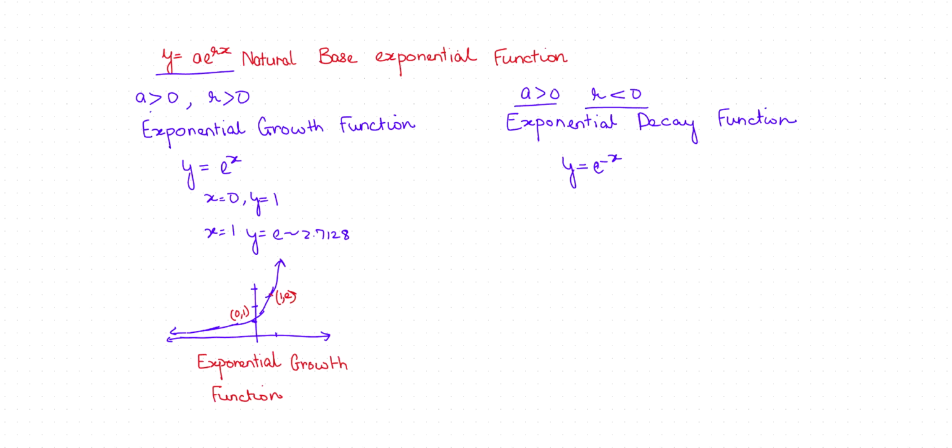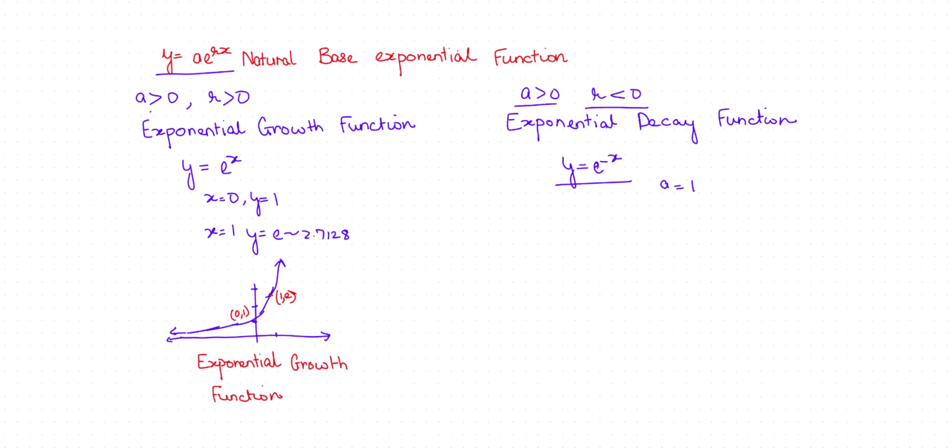As x increases, y will decrease. Suppose we put this function with a equal to 1 and r less than 0. For this function, we see that as x increases, y will decrease exponentially.